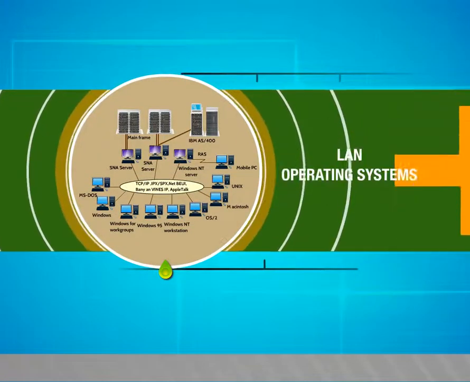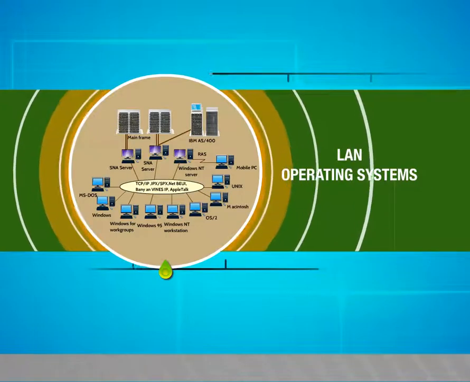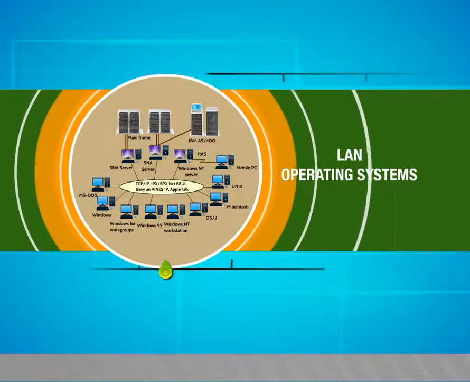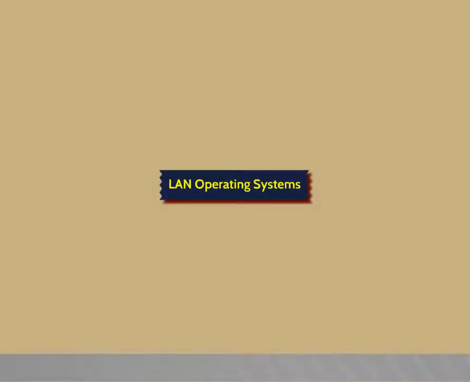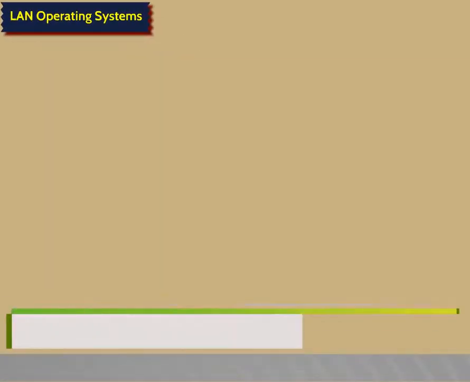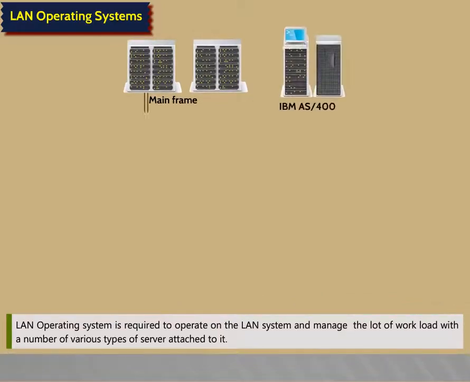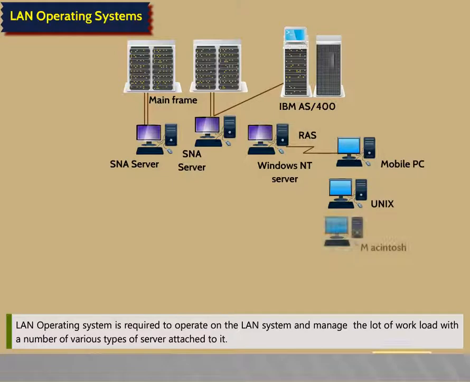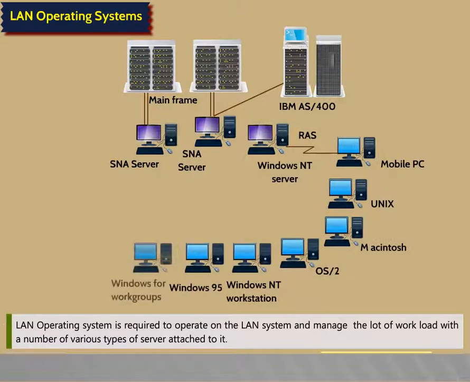LAN Operating Systems. In this video, we are going to see about LAN Operating Systems. LAN operating system is required to operate on the LAN system and manage a lot of workload with a number of various types of servers attached to it.